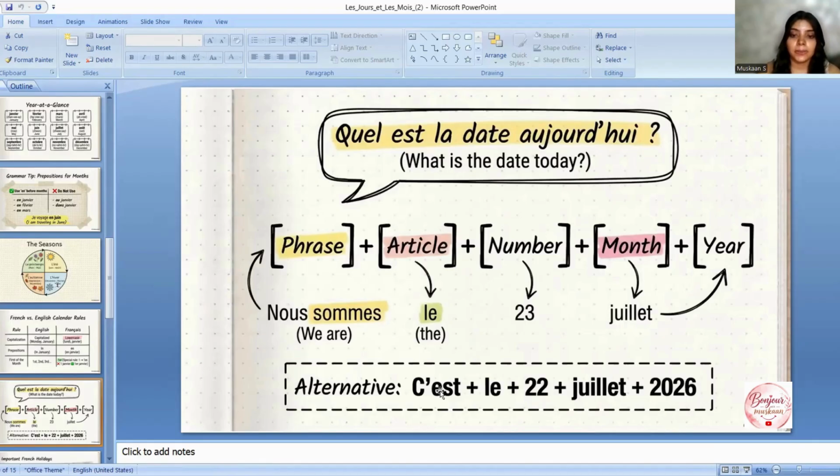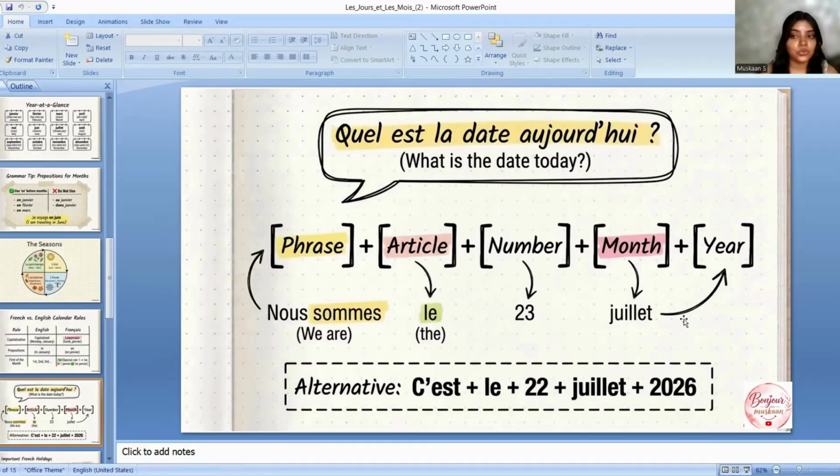So it will be "c'est le" or "nous sommes le". Then the number, whatever the date is today. If it is 9, you'll add 9, or if it is 10, you'll add 10. Plus juillet. Here it is July, but you can add août if it is August. Then the same 2026. So that's how you add the date.